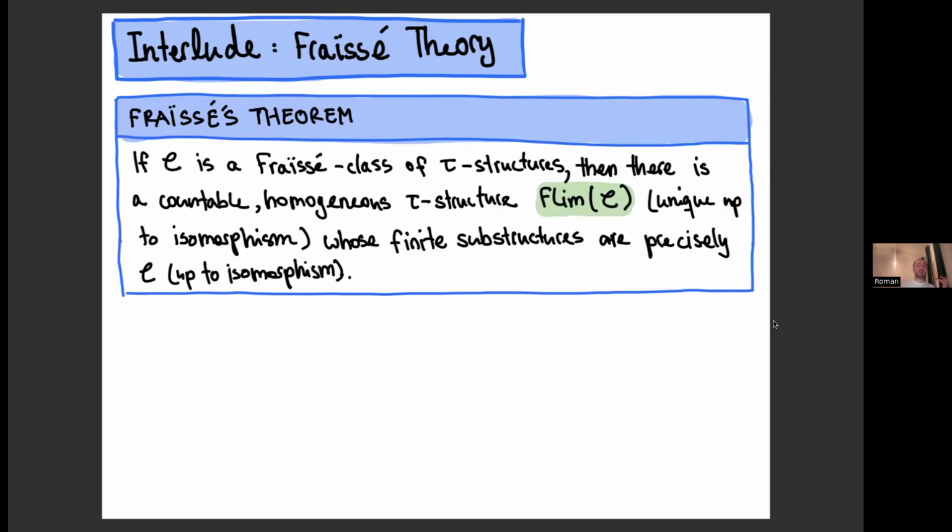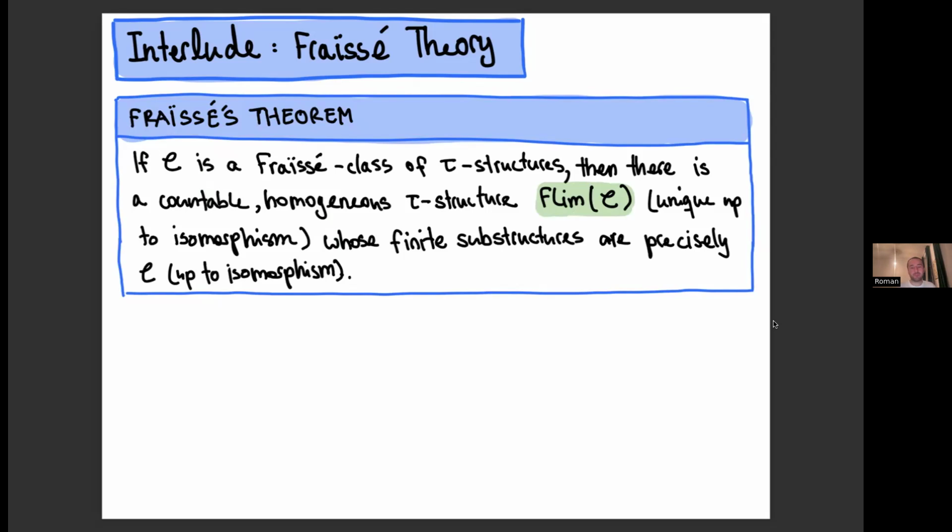And now what does Fraïssé's theorem say? Well, Fraïssé's theorem says that if you have a Fraïssé class C consisting of tau structures, then there is a countable homogeneous tau structure, which we call the Fraïssé limit, Flim of curly C, which is unique up to isomorphism.